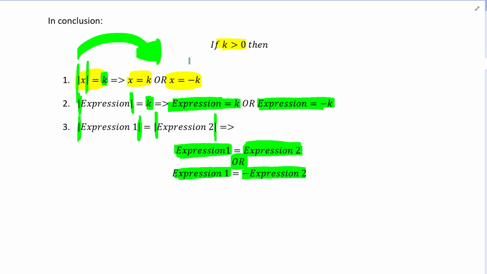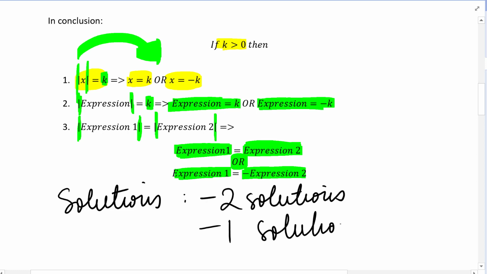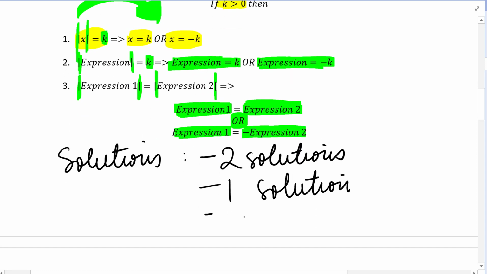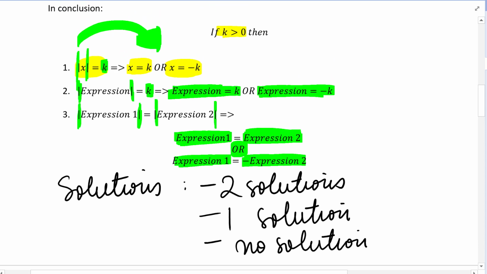So in other words, I can also add this. In terms of solutions, we can have two solutions, we can have one solution, or no solution when we deal with absolute value equations.